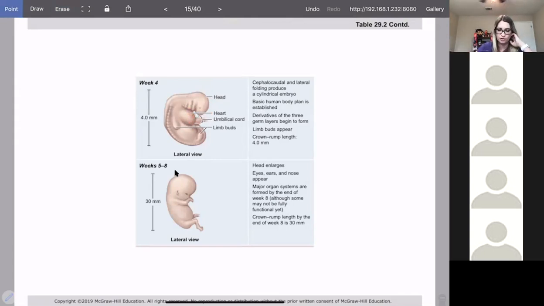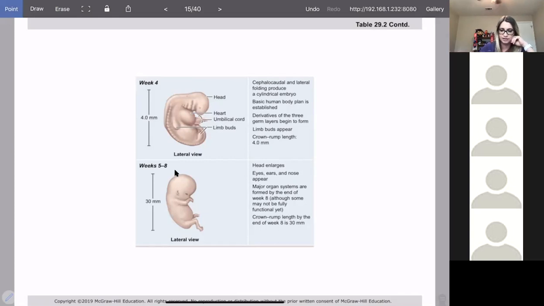In week 4, we would already have the electrical events that are going to be the heartbeat. They're already occurring in rhythmical intervals at this point. Those electrical signals begin about 21 days after fertilization.